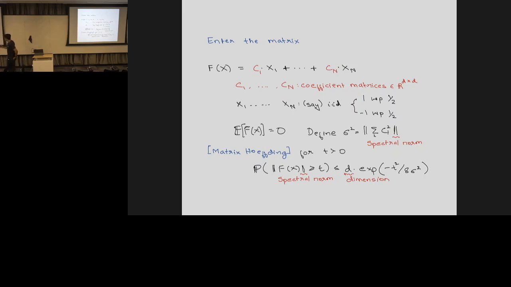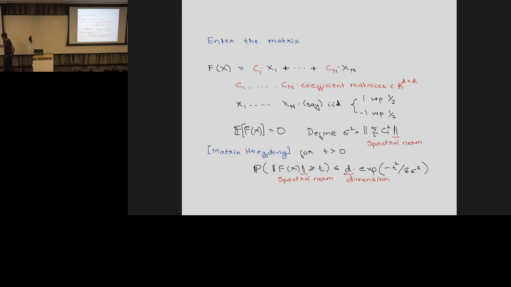Okay. And there is a similar result known, which is the matrix Hoeffding inequality, which tells you that the probability of deviating by an amount t in the spectral norm is again exponential in t squared, scaled by the variance, where this quantity, the spectral norm of the sum of squares of all these matrices this time, serves as the variance.